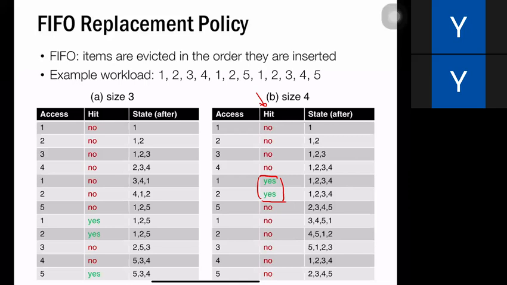So the interesting observation of these simulation results is that even though you're given a larger cache size under FIFO policy, sometimes you end up with worse performance, right? So this is something interesting to learn.